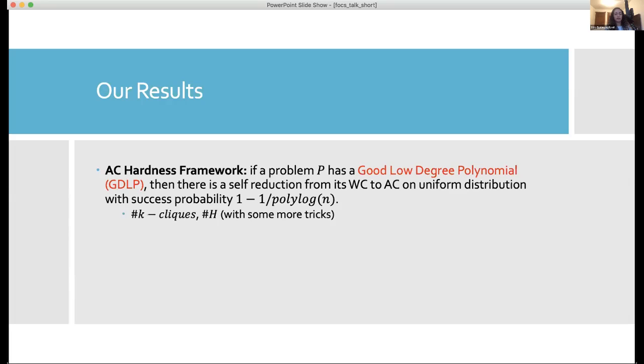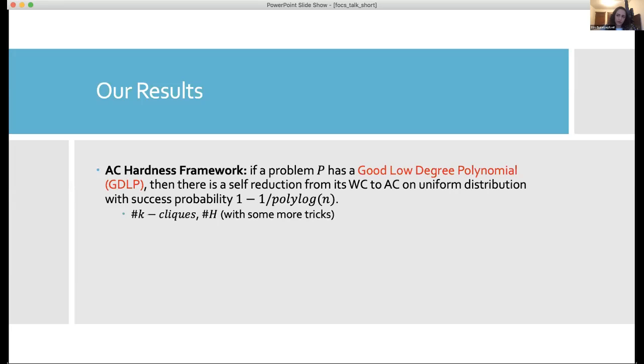Because it fits in the framework, we get the same result as BBB's paper. Furthermore, we also show that counting any subgraph on K nodes is also hard. It doesn't just need to be K-clique. Any other subgraph is also hard on average to count with the same success probability. And this was mentioned as an open problem in BBB's paper.